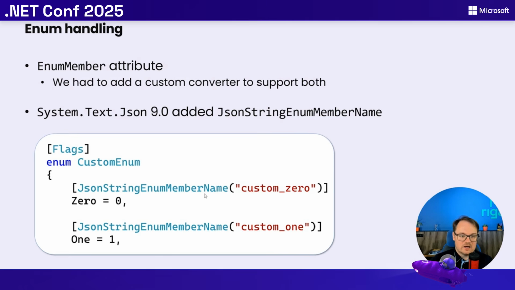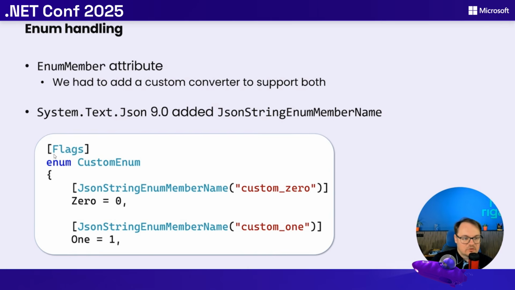And because we are implementing a framework, we want the people who already had enums with this attribute to be supported as well. So we had to implement our own enum converter, which would look at these old attributes and implement other logic as well.